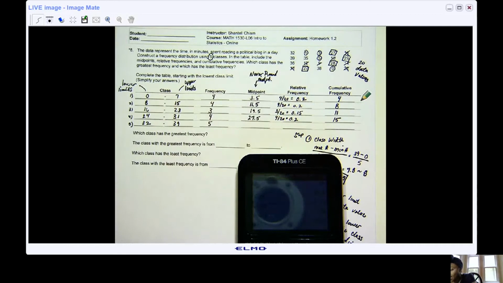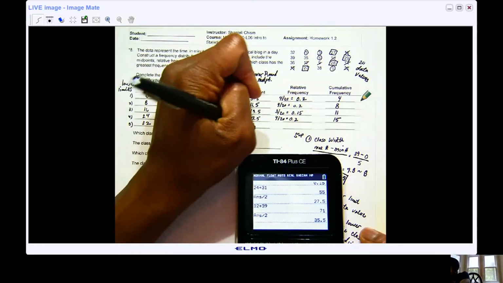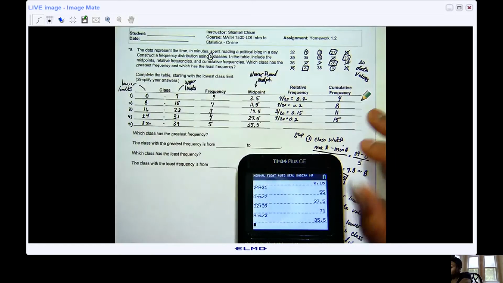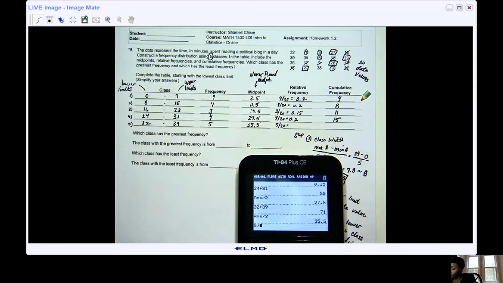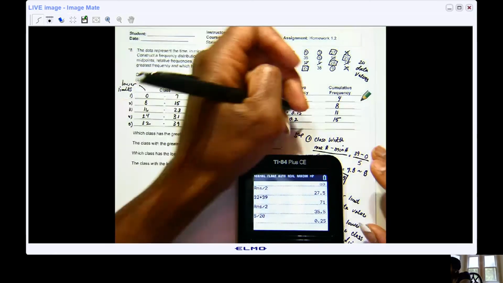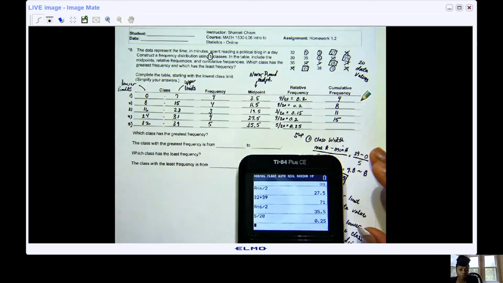Now, the midpoint is the middle value of that last class, so 32 plus 39 divided by 2. That gives us 35.5. And then our relative frequency is 5 out of 20, which is 0.25.